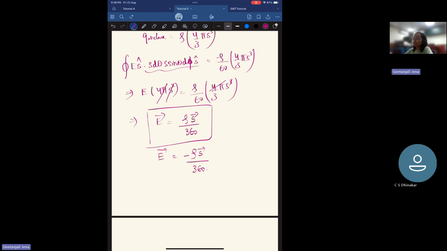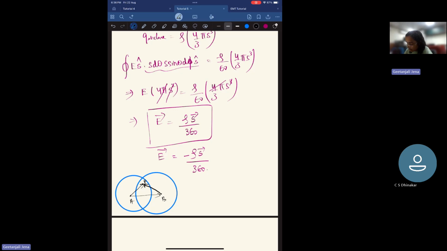So now we know the electric field. Let us see the overlapping region. These are centers A and B. Let us say we are trying to find the field at the point P here, due to plus rho and minus rho.